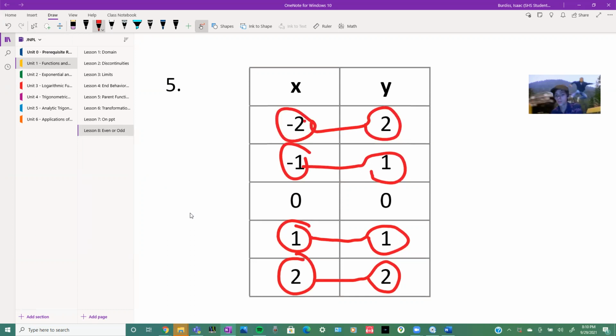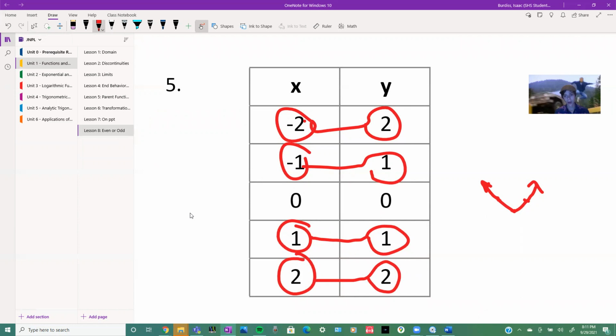If you think about this, negative 2, 2 would be like a point, and then negative 1, 1, 0, 0, 1, 1, 2, 2. So this would be almost like a parabola shape. And by our graph rules, we know that would be an even function. So we already know this is even, but by knowing this from the table, we know it's even because I told you no matter what the sign is of the x value, the y value is the same.